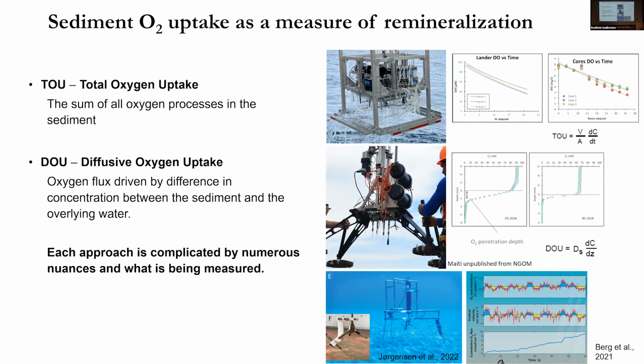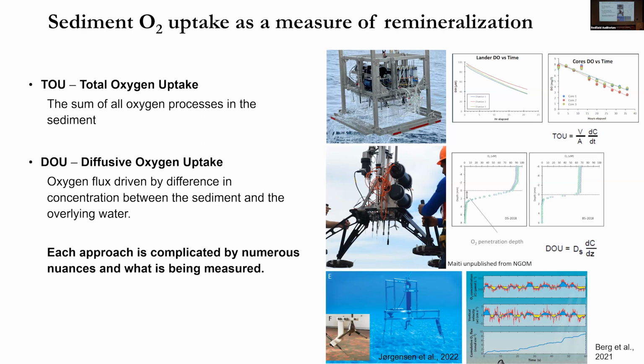You can do that either by collecting pristine sediment cores, or you can do it the hard way like I usually do: put a lander on the bottom of the ocean and pray it comes back after 2 days. If it doesn't come back, I've probably lost it only once in my career. I know that. Insurance will be pulled out. But at the end of the day, both of these methods give us a good estimate.